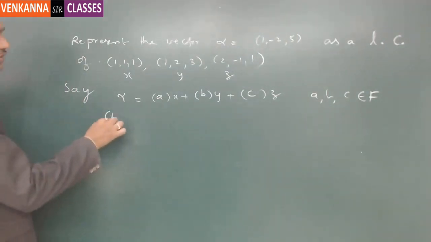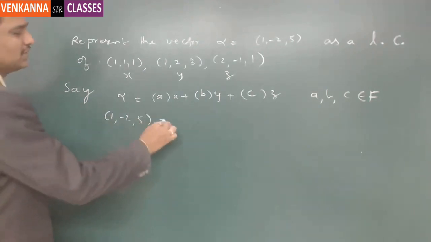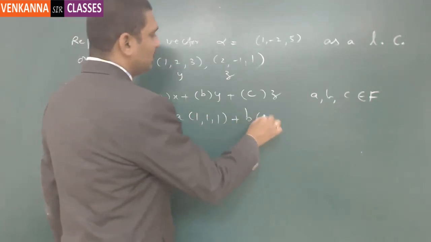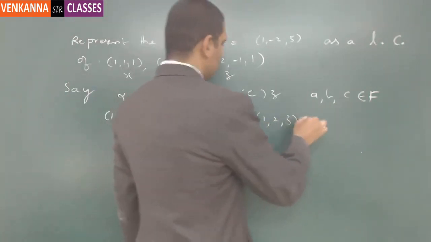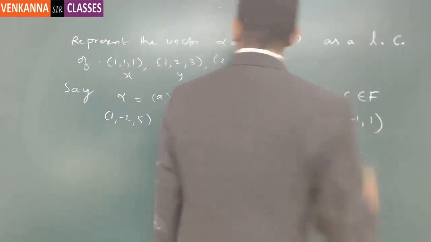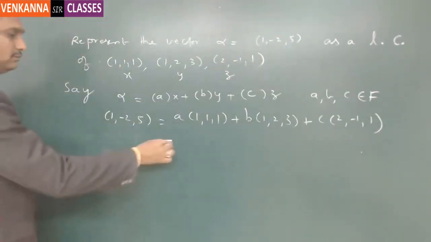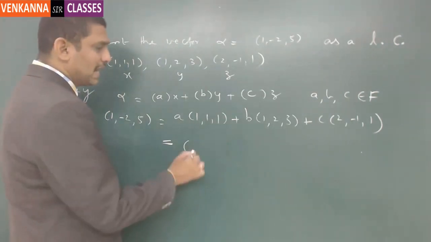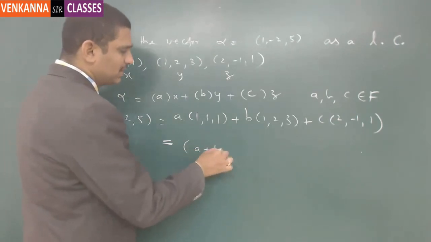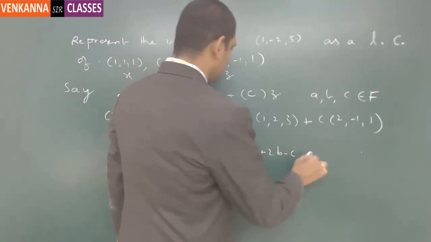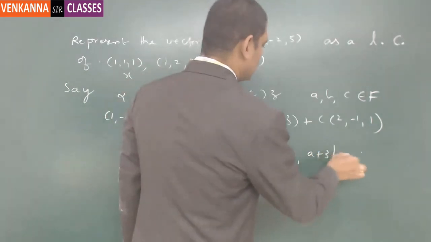So let us substitute the values. (1, minus 2, 5) is equal to a into (1, 1, 1) plus b into (1, 2, 3) plus c into (2, minus 1, 1). Simplify the RHS part. Multiplying and adding, you will get a plus b plus 2c, a plus 2b minus c, a plus 3b plus c.